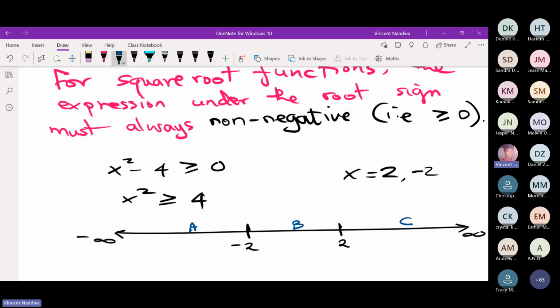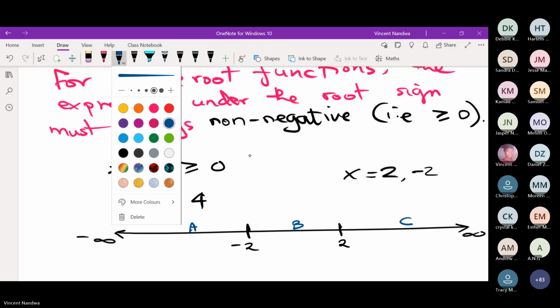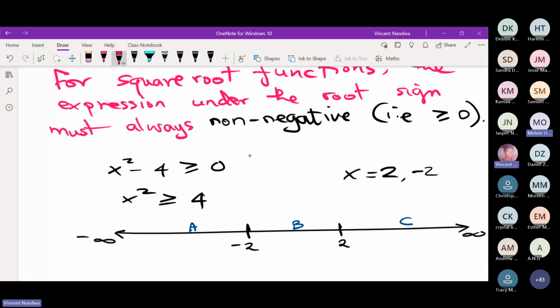Say -7. Put -7 where there's x and see whether it satisfies that condition. -7 squared minus 4, is it a number more than 0? Yes. So all the numbers within that interval work.